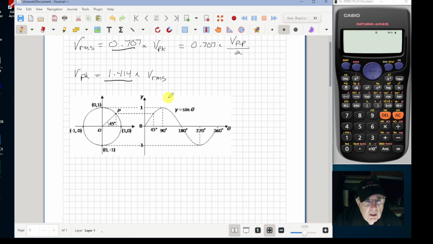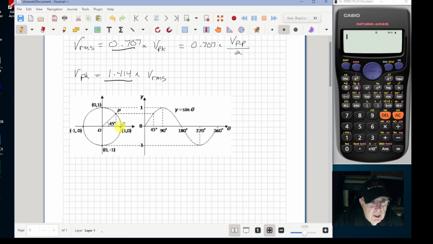Now, let's take a look at the anatomy of a sine wave here, and let's start with this circle. This is referred to as a unit circle because the radius is of length 1. Whatever the units are, it's 1 unit, from the center out to the edge.